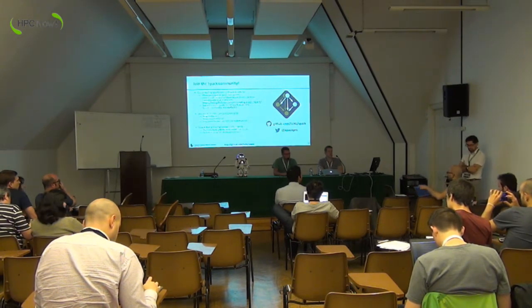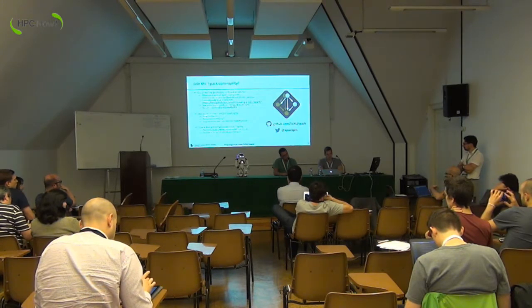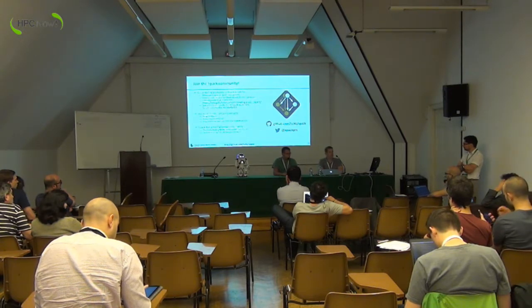Just another question. Similarly to what you do with hierarchical modules, do you plan to add, for example, the detection of the microarchitecture in which you are going to run? For example, detecting if it's Ivy Bridge or Sandy Bridge or Skylake, so that you have the most performant binary for the architecture you are going to run? For EasyBuild, we're just relying on the compiler to do that for us.